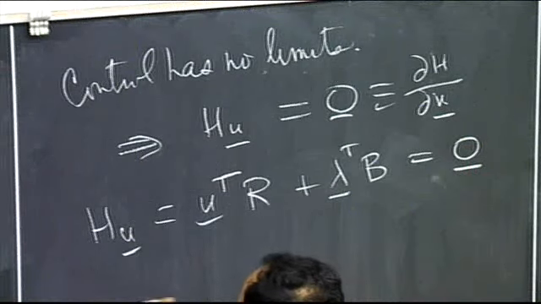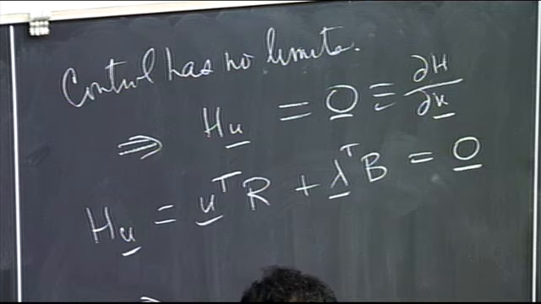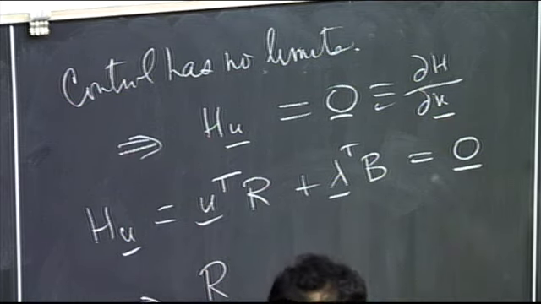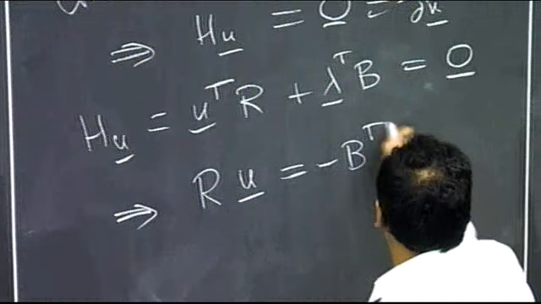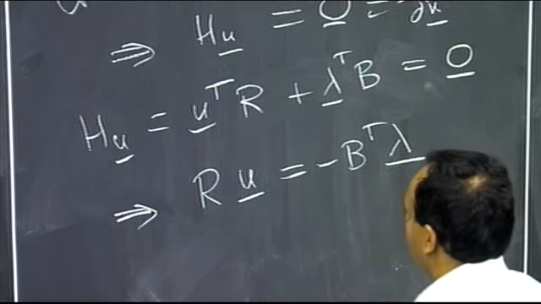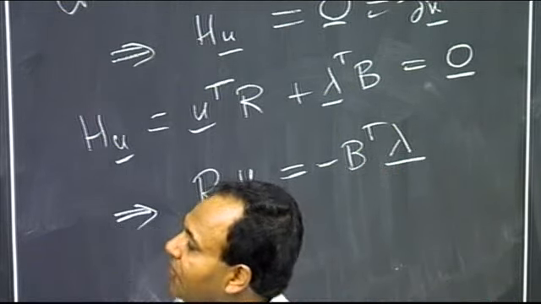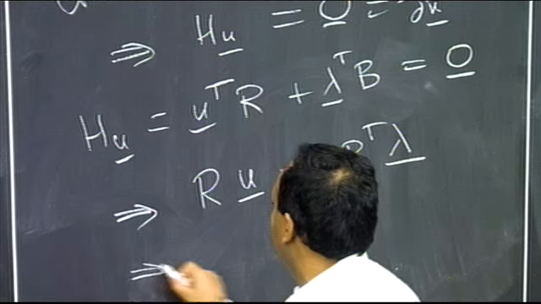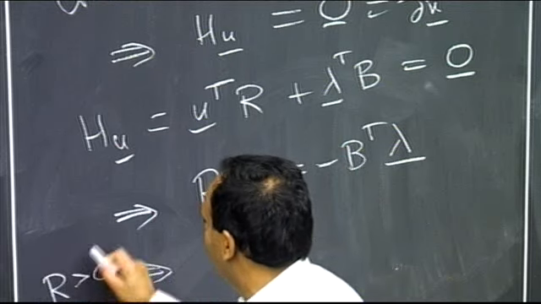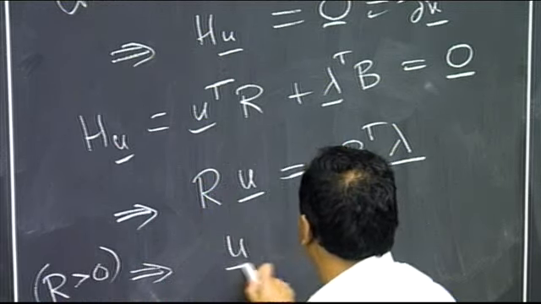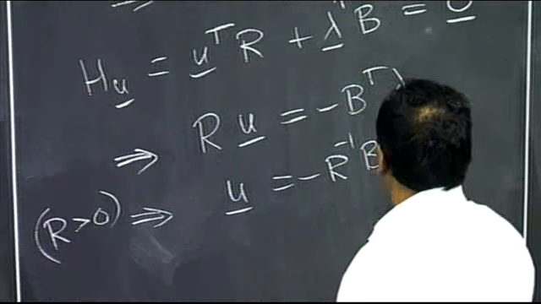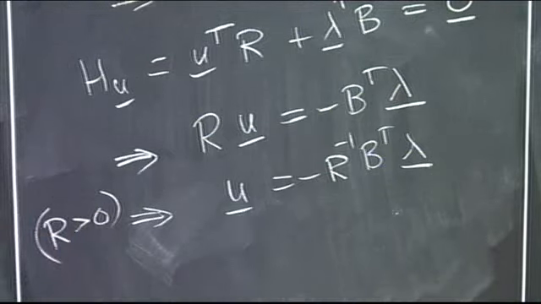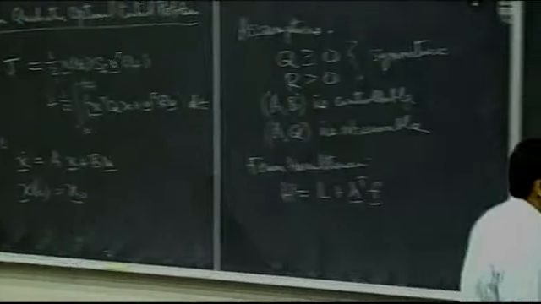So if I rearrange it and take the transpose of the whole thing, I get RU is equal to minus B transpose times lambda. Now, I said that R was positive definite, right? So it's invertible. So R is positive definite, which says that U has to equal minus R inverse times B transpose times lambda.